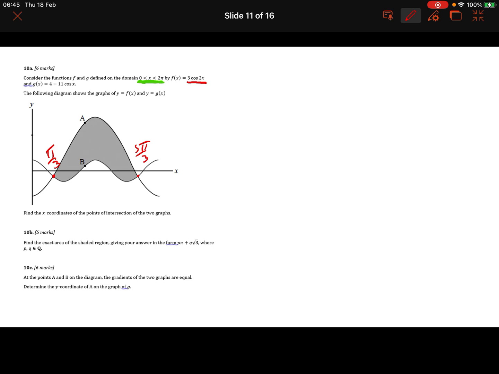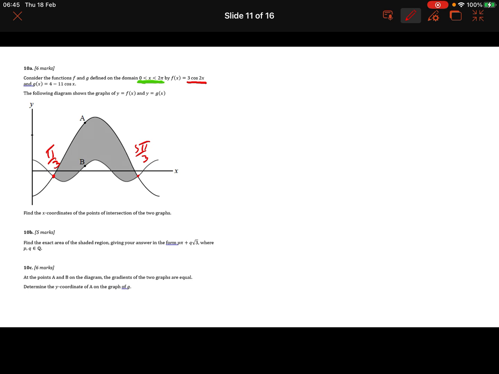Now, even if you got A wrong, and you've got different limits for your integration, you can still pick up all the marks because you get follow through. So failure to do part A does not mean failure to do part B. If you can't do part A, well, make up some limits and then just do that. So you at least pick up some marks for B, okay? You'll get follow through marks.